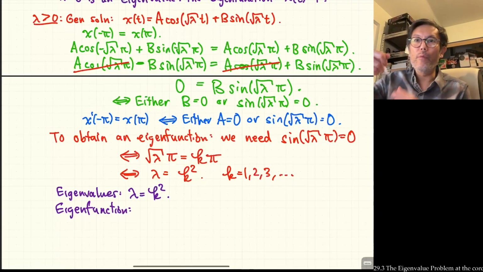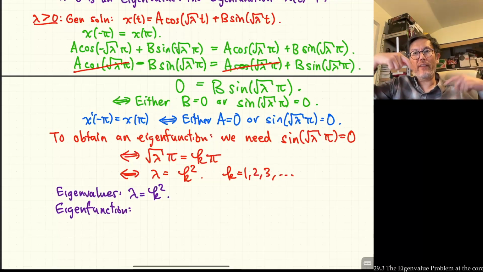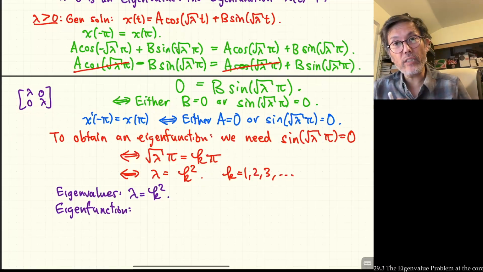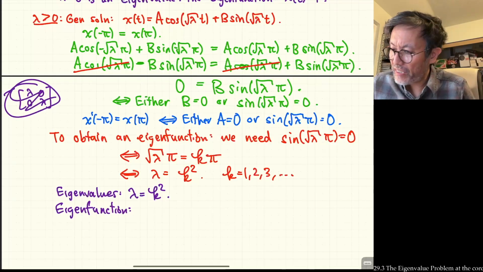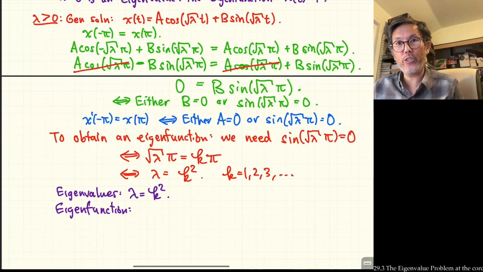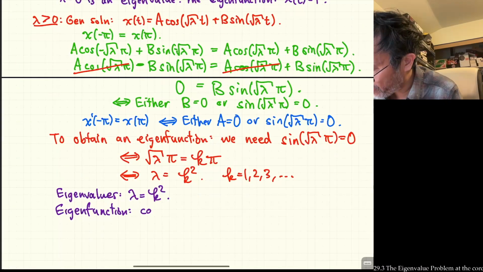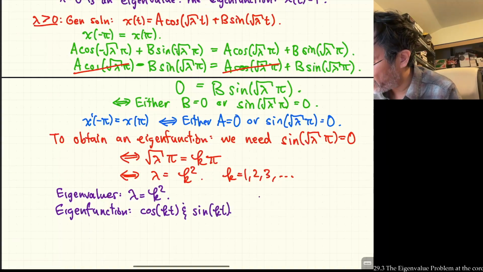Remember when we were doing eigenvectors, sometimes we'd have a matrix that looked like this, lambda, lambda, 0, 0, for example. And we had more than one eigenvector associated with that eigenvalue, lambda, right? Same thing here. We have more than one eigenfunction. In this case, the eigenfunctions are cosine kt and sine kt. And again, here k is an integer.